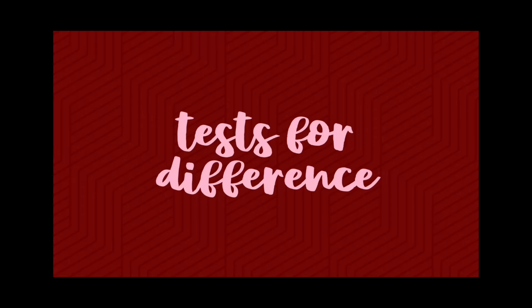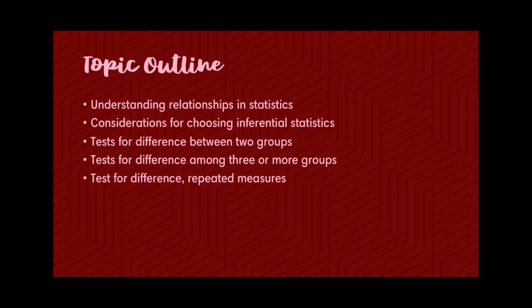Hello everyone, for this video we'll be talking about different inferential tests, the basic ones that you can use in order to test for differences. So in this video we'll talk about how we understand and imagine relationships between variables in statistics, and then we'll try to look into what are the things that we consider in order for us to choose a specific inferential statistics to test a specific relationship, whether it exists or not.